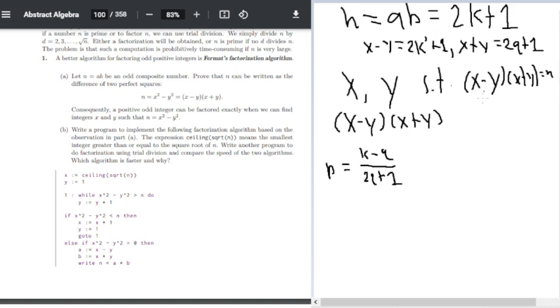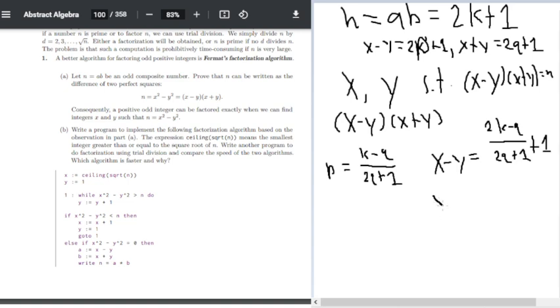With our definitions, we had that x minus y is equal to, we replace this with p, 2 times k minus q over 2q plus 1, plus 1.